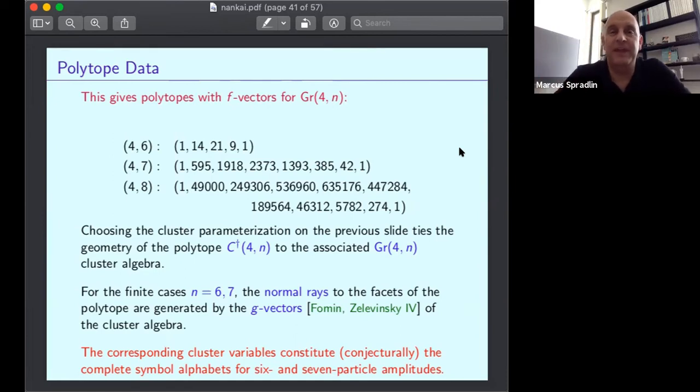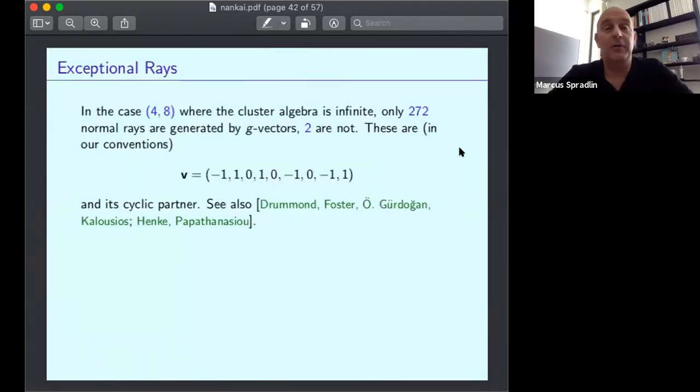Now, the thing that's precisely of interest to us is what happens starting in GR4,8, where two things happen. First of all, the cluster algebra is no longer finite. And second of all, we know that in the amplitude data, you start seeing algebraic functions of Plücker coordinates that are certainly not cluster variables. So there's a really interesting story here. Let's start with the case of GR4,8.